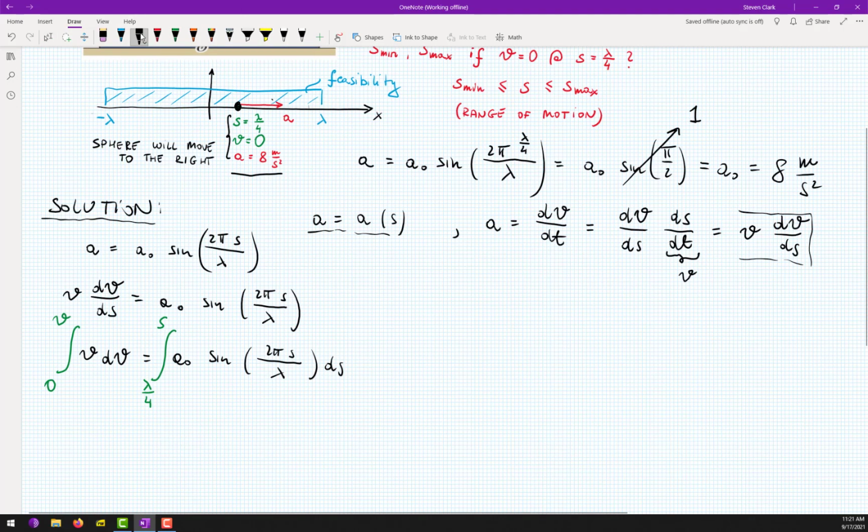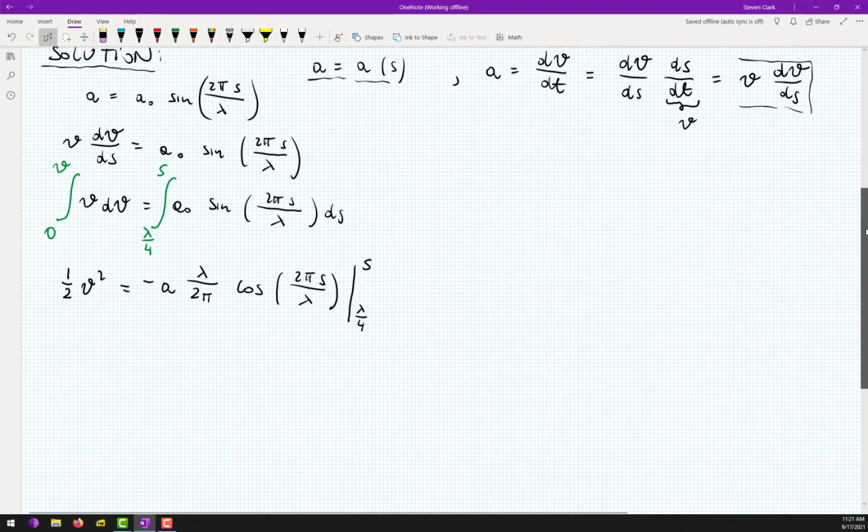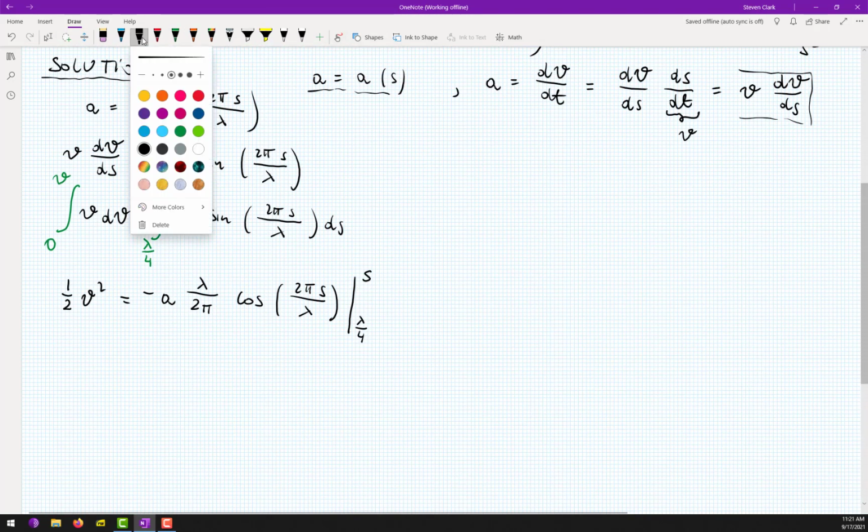So if I remember correctly from school, that would be 1/2 v squared, and this will be A0 times lambda over 2 pi, negative cosine 2 pi s over lambda. Integration bounds are from lambda over 4 to s. Let's plug in those integration bounds.